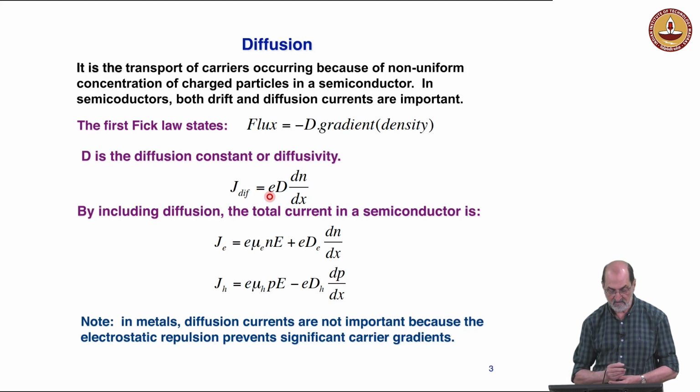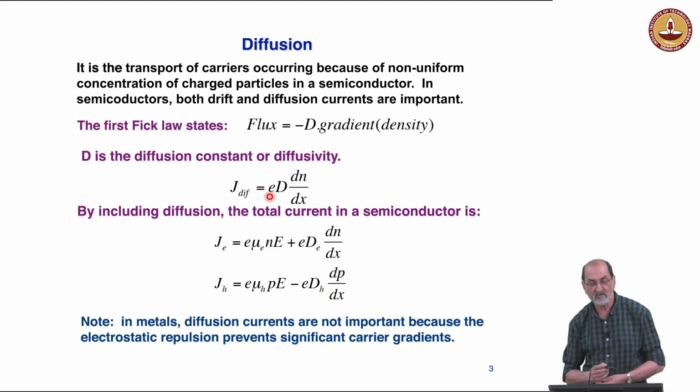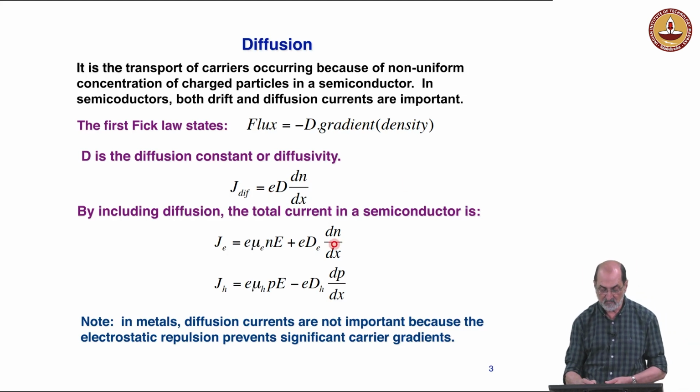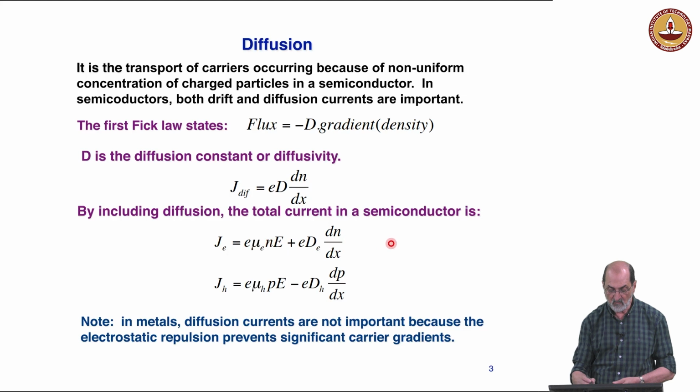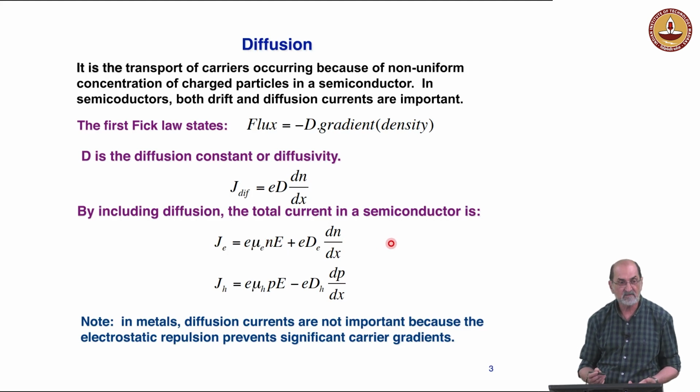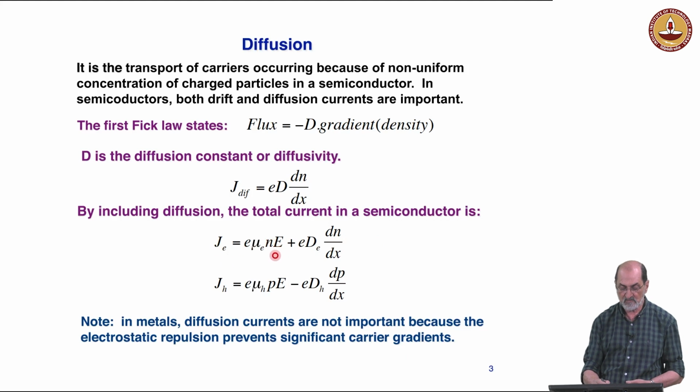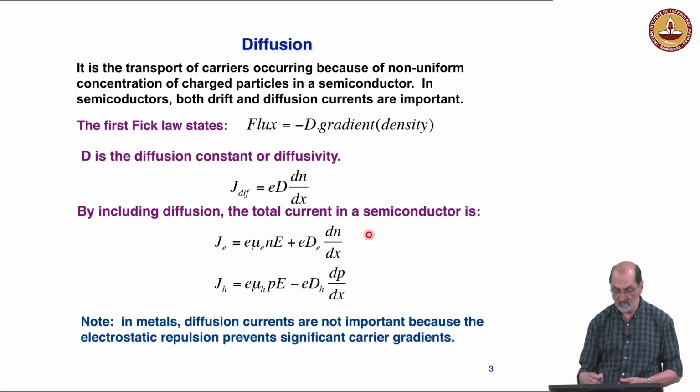current density. So by including diffusion, the total current in a semiconductor is the sum of two terms. One is related to what is called the drift, the typical current, because we apply a field, something we saw before. We have the charge, the mobility, the density, and the field, and we have the diffusion term.